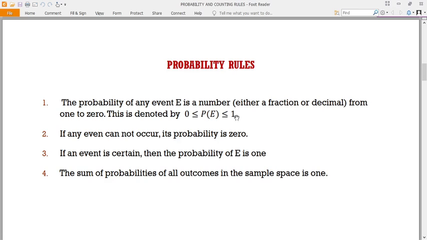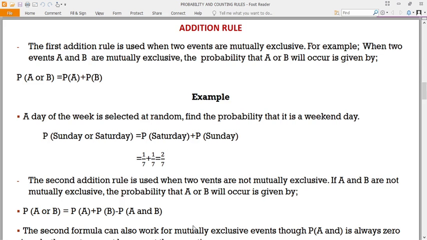However, you could express this as either a fraction or a percentage. If an event cannot occur, its probability will be 0. And if you're very certain of your outcome, then the probability will be 1. The summation of all probabilities in an outcome is 1.